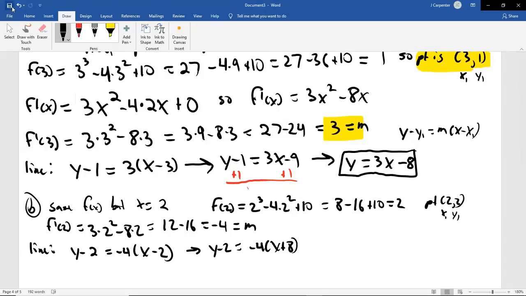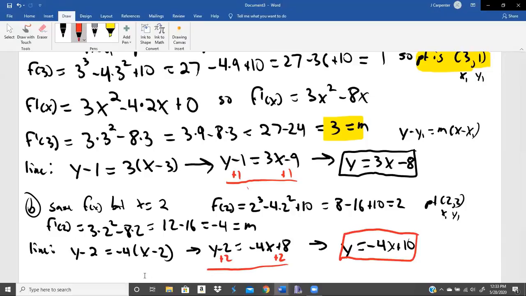That's my bad. -4x plus 8. I'm trying to rush. Add 2 to both sides. You get y equals -4x plus 10. Again, if you don't have to show this little detail, nobody's going to care in calculus. So here's our line.